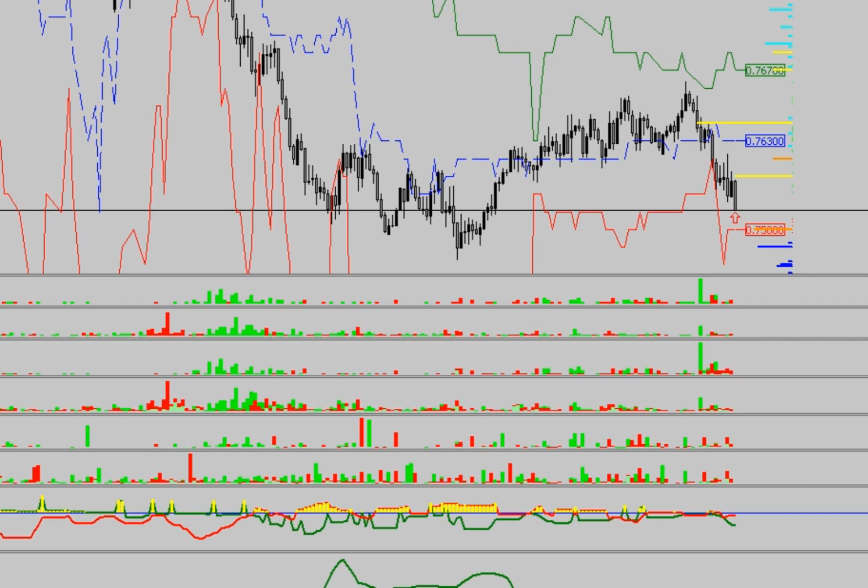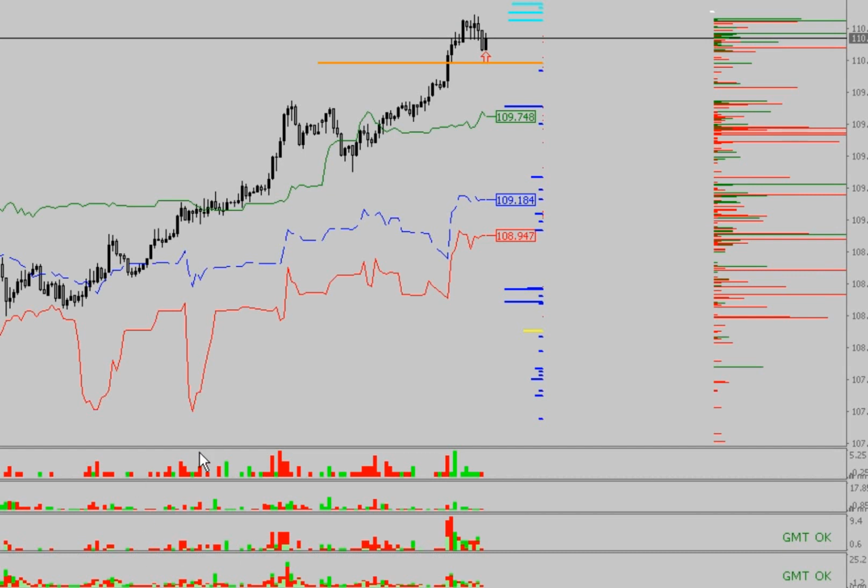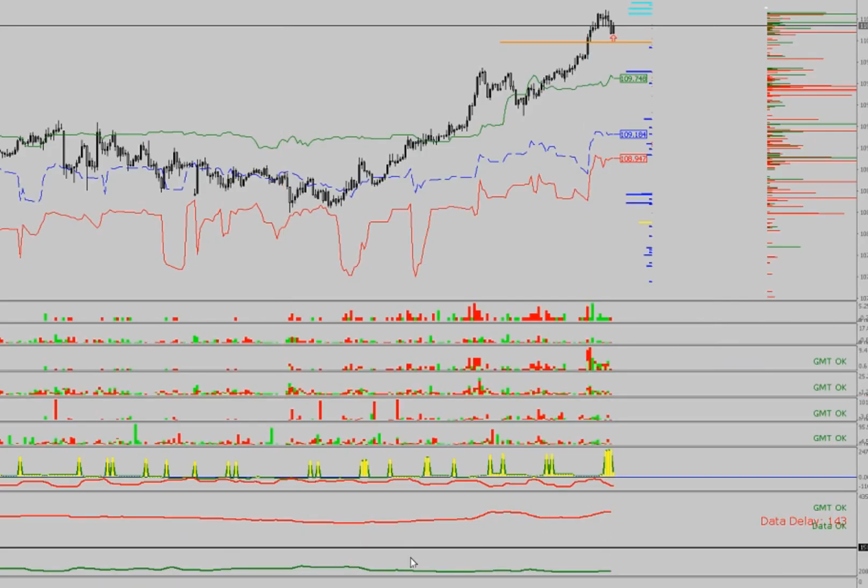In fact, let me show you also here. So dollar yen. You see, shorties coming in, selling, selling, selling, selling. This leads to a squeeze, dumb money squeeze. So what happens?